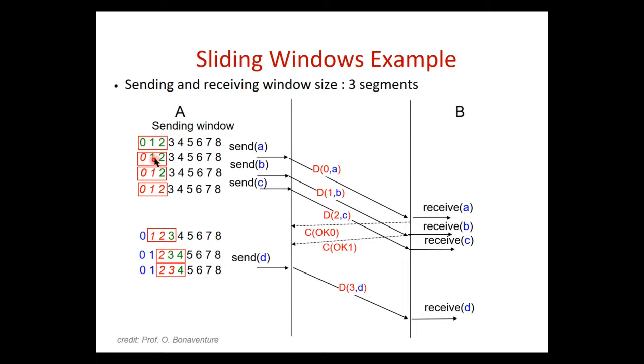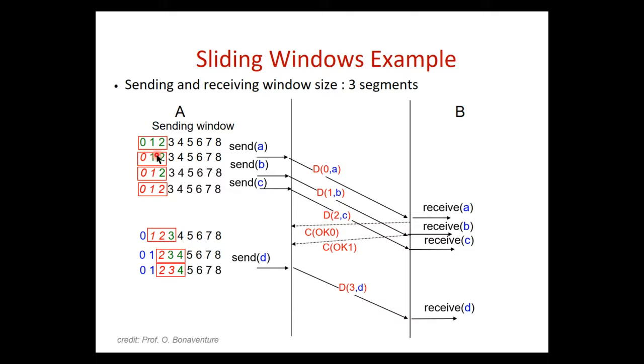Okay. Now, let's look at the sender side. After it has sent 3 packets, it has exhausted the window. It has used all the sequence numbers in the window. So now it has to stop and wait for the ACK. It's not allowed to send any more packets before it receives the ACKs.